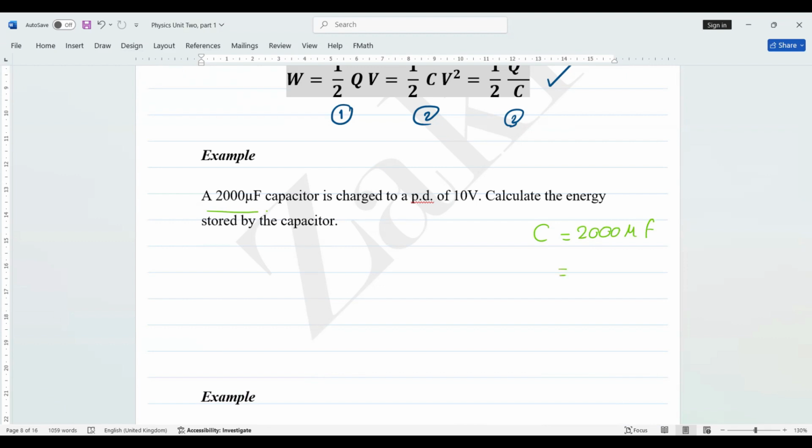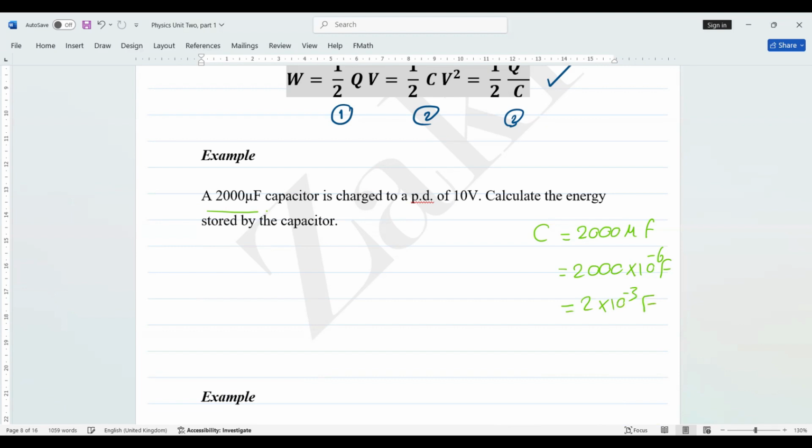So it's 2000 multiply 10 power negative 6 to be in farad. To be safe, use your calculator: 2000 multiply 10 to the power of negative 6. So the answer is 2 multiply 10 power negative 3 farad.